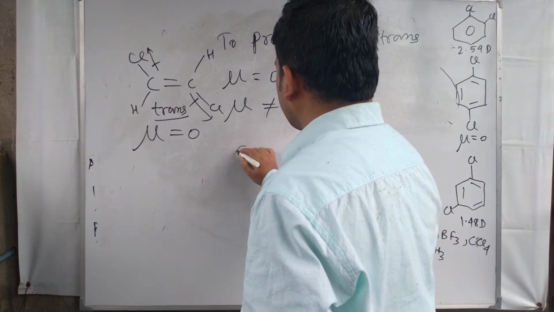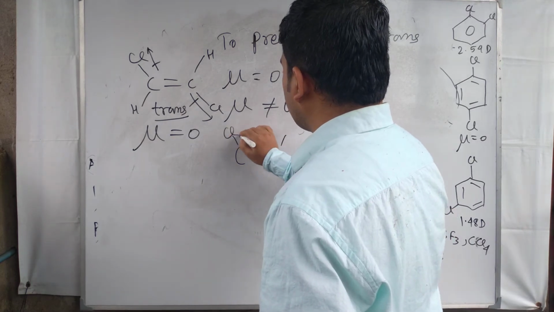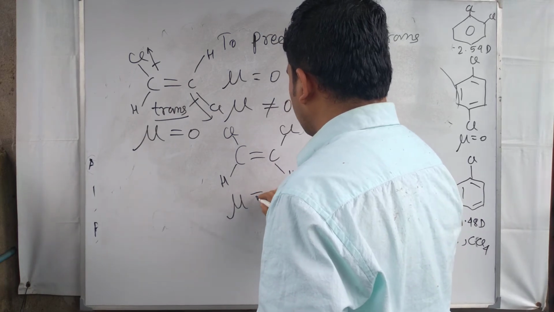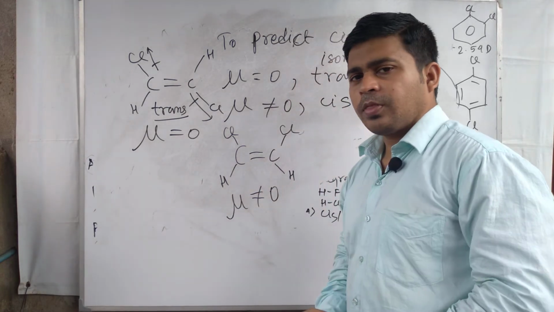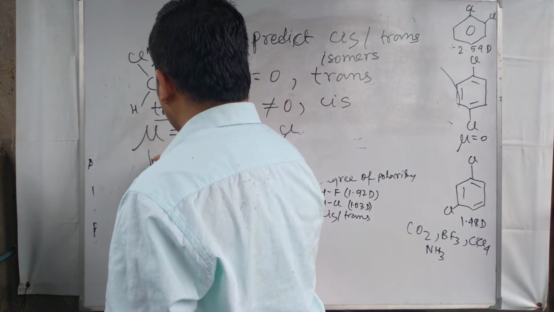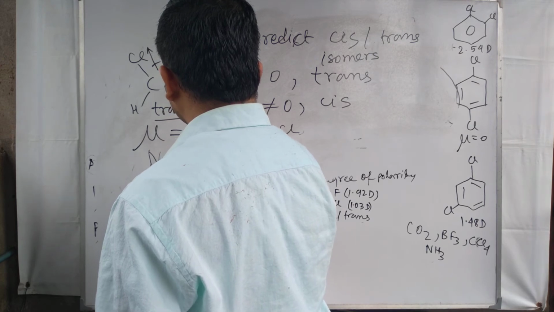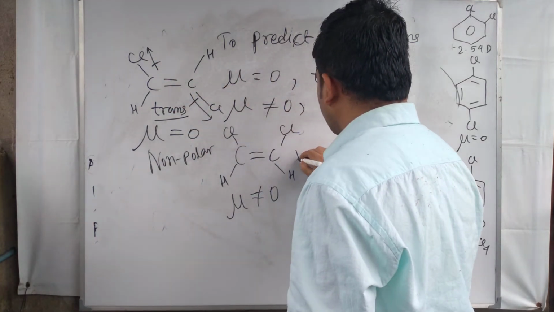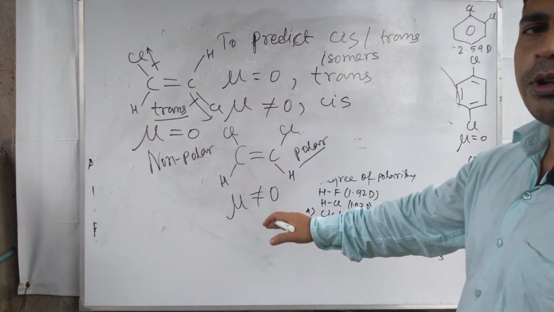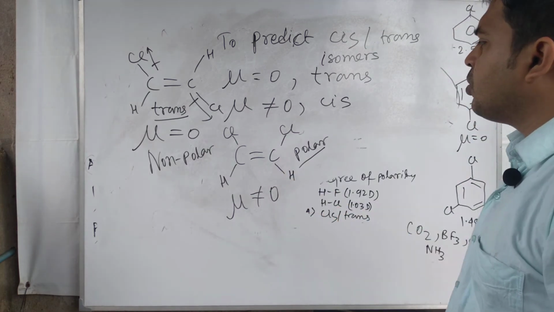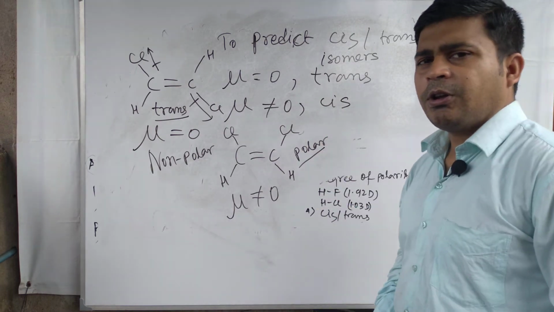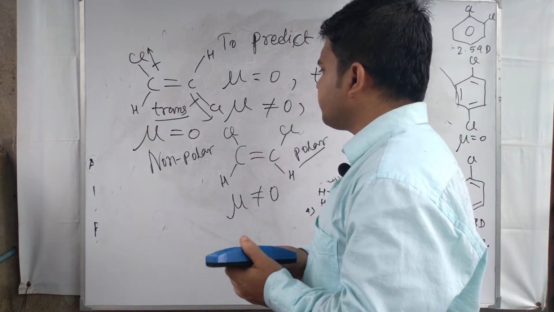And if we look at the cis isomer, with Cl and Cl on the same side, its mu is not equal to 0, it has at least some value of mu. So the trans isomer has mu 0 and is non-polar, and the cis isomer is polar. It is polar because mu is not equal to 0, mu has some value in this cis isomer.